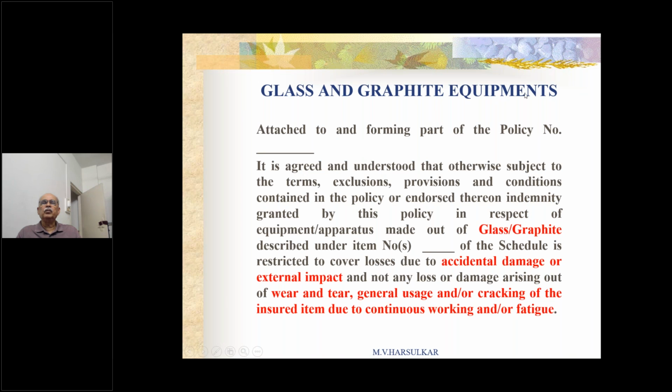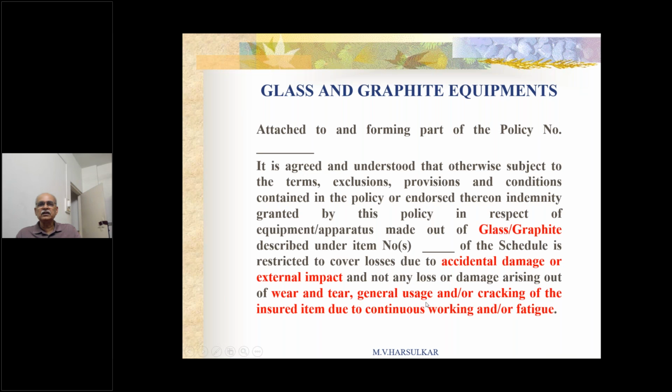Glass and graphite equipments. So these are the non-metallic. Glass and graphite is not a metallic part. But if the entire equipment is either of glass or graphite, then it is specifically covered. And what we cover is accidental damage or external impact causing the damage to the glass graphite, and not any loss or damage arising out of wear, tear, general usage, and or cracking of the insured item due to continuous working and or fatigue.